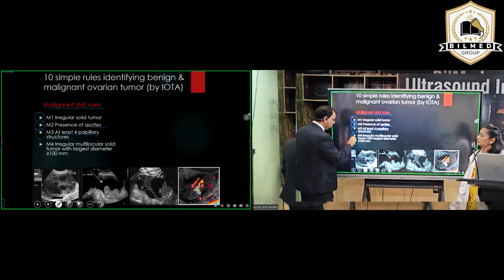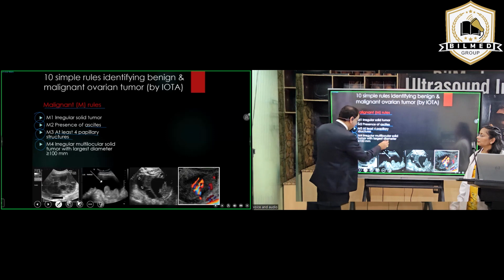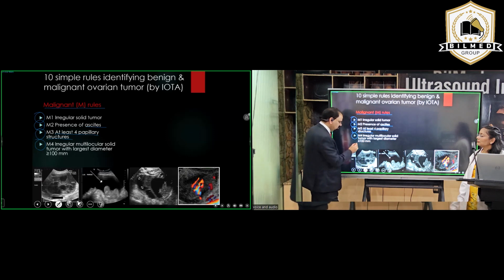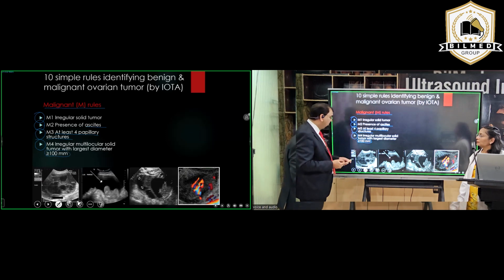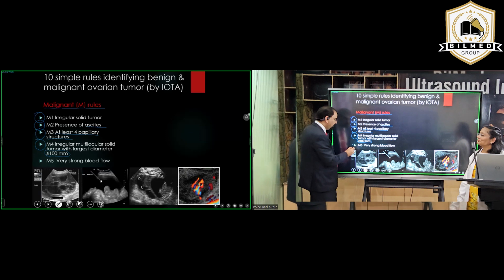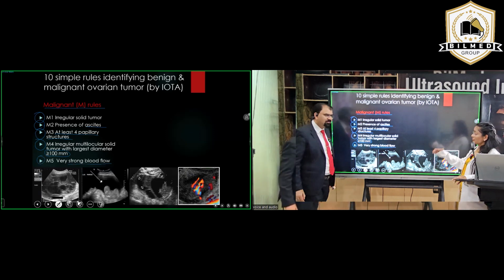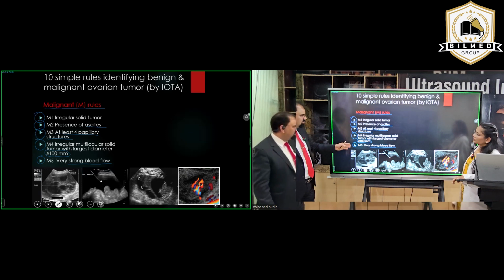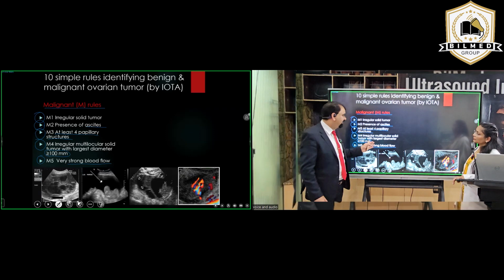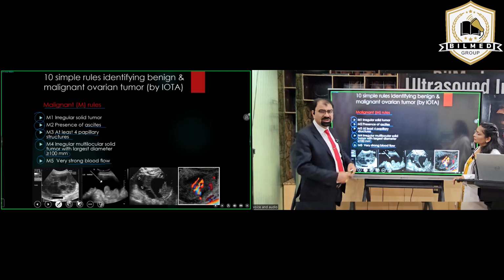Then the largest diameter of the tumor more than 100 millimeters, that is 10 centimeters. Then your favorite color Doppler, we will be having very strong blood flow in the septations and all. So these are the 5 points which are going in favor of malignancy.